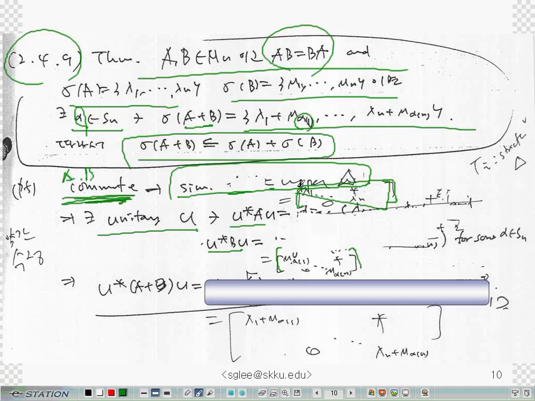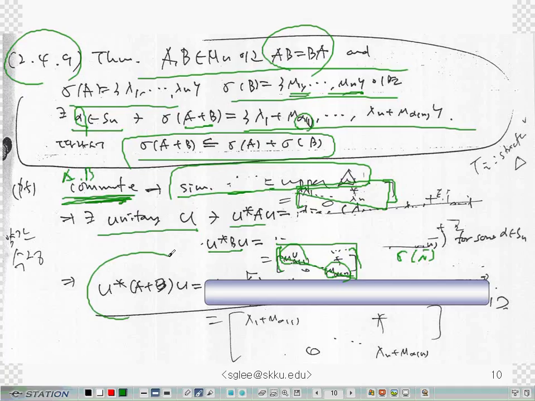Here the lambda i's are the eigenvalues of A, and here the mu sigma of i's are the eigenvalues of B. We can always give a number as we wish. Let's say we have the eigenvalues here in order. We know these have different orders, so we can just give a new index because that's the permutation.